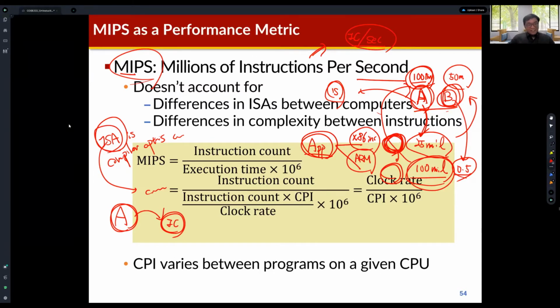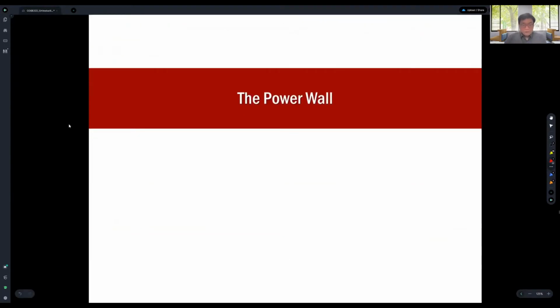If this assumption is not provided in the problem, then we cannot use MIPS as the performance metric. So this is important: CPI varies between programs on a given CPU.